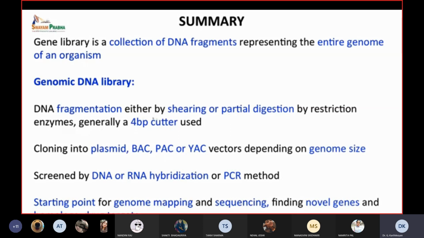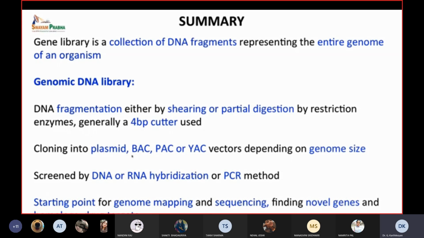And in general, a 4 base pair cutter is used so that many overlapping fragments are generated. And the cloning vector could be either a plasmid, which is not preferred because you generate too many clones that need to be sequenced and screened.